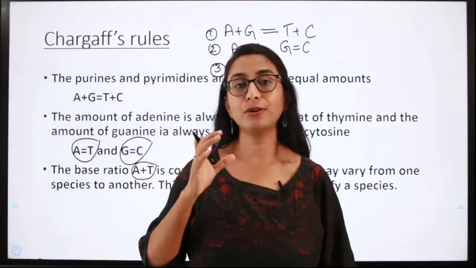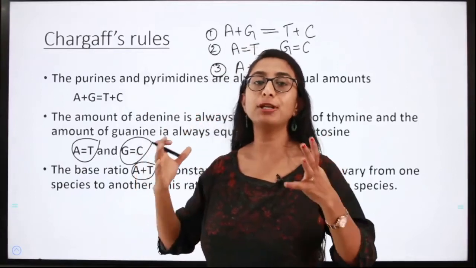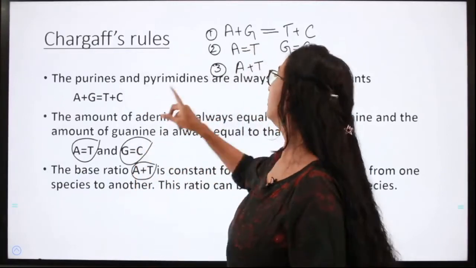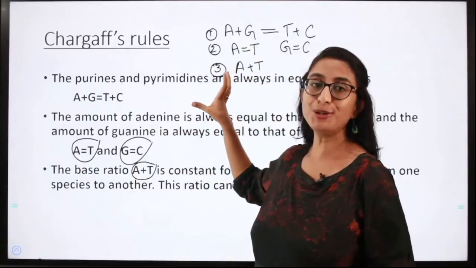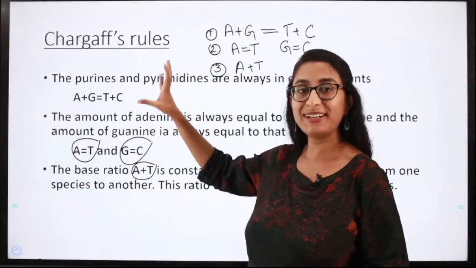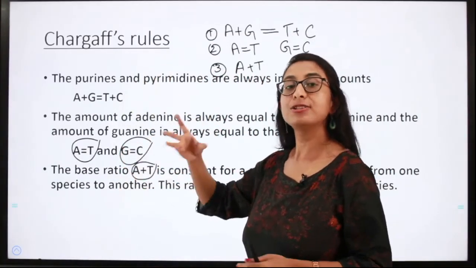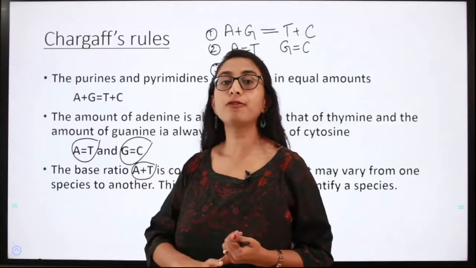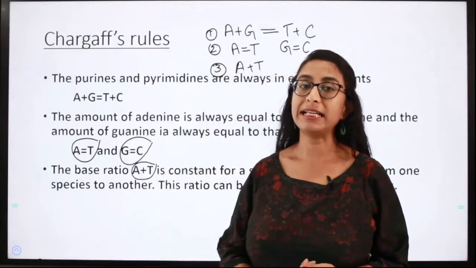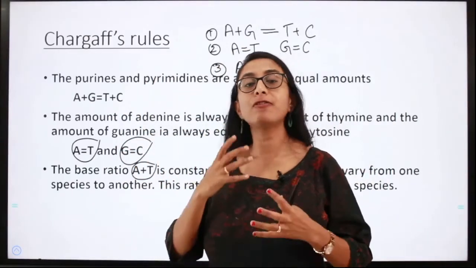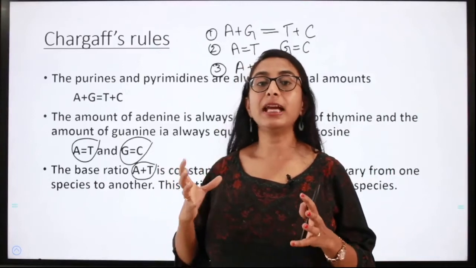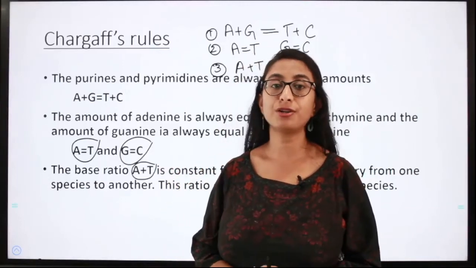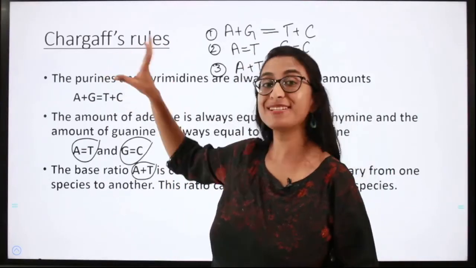Did you understand the three Chargaff rules? It is based on the Chargaff rules and the X-ray studies that James Watson and Francis Crick were finally able to propose the double helical structure. That is why Chargaff's rule is very important.